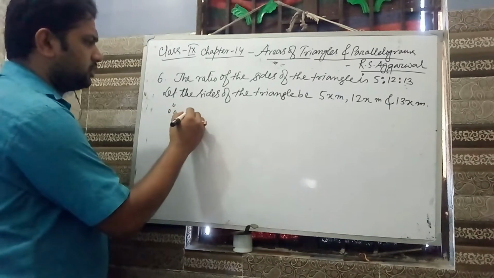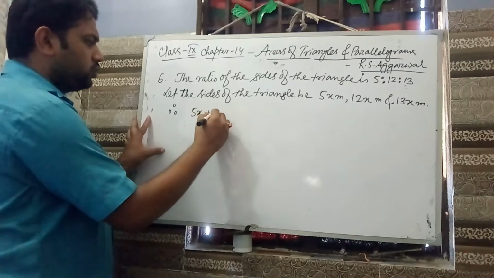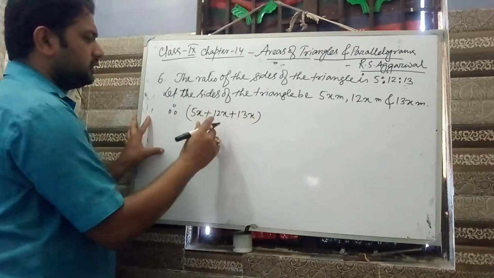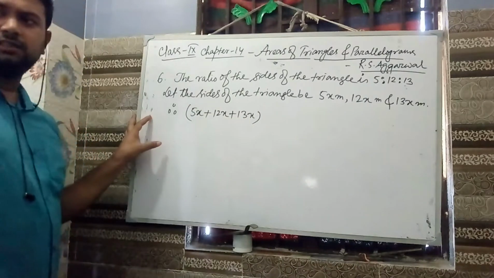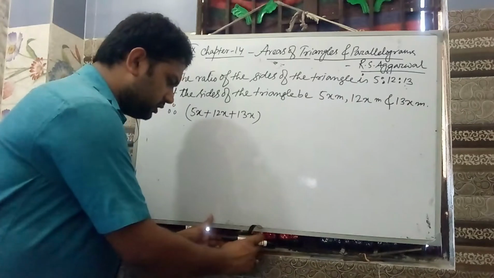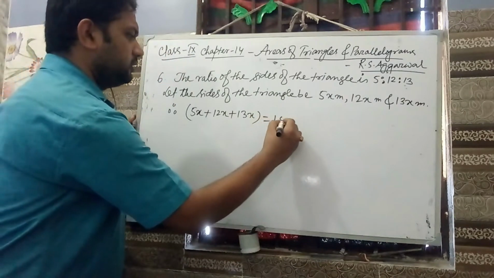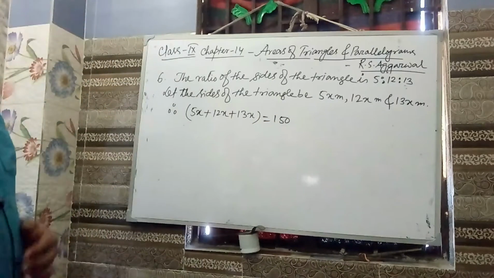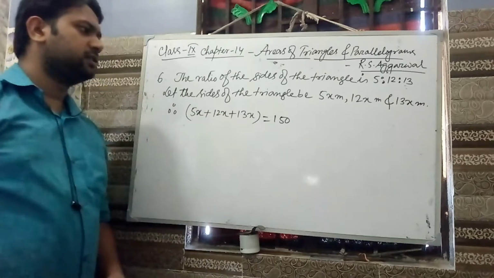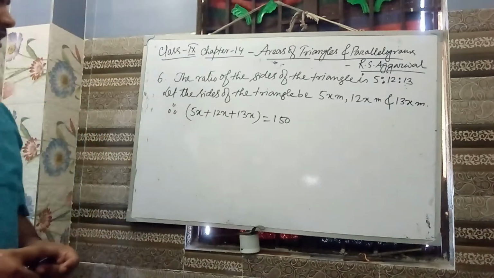Therefore 5x plus 12x plus 13x, sum of all the three sides, that is the perimeter of the triangle. So this is equal to 150. Any doubt? This is the sum of all the three sides, that means the perimeter of the triangle.